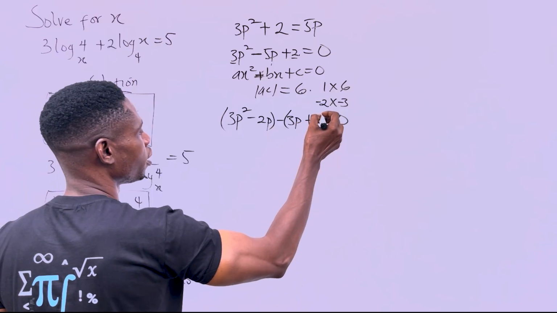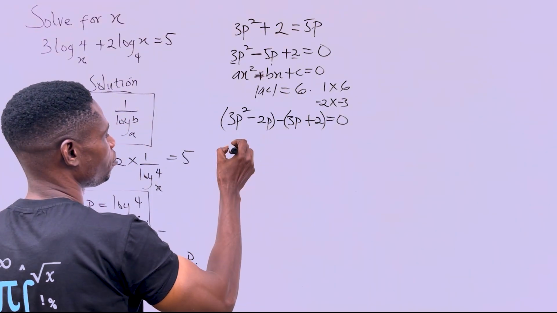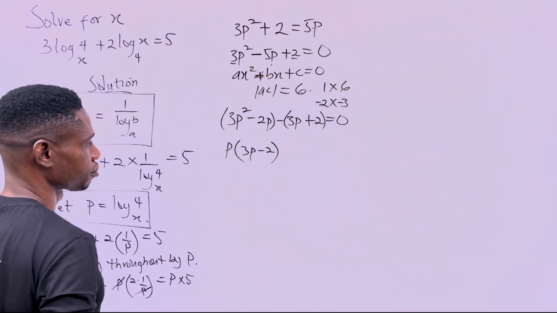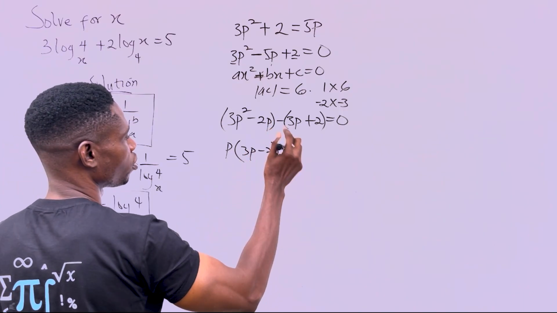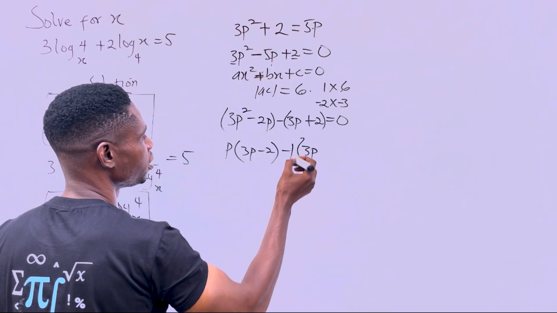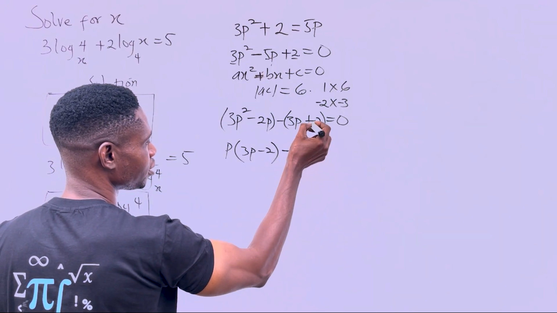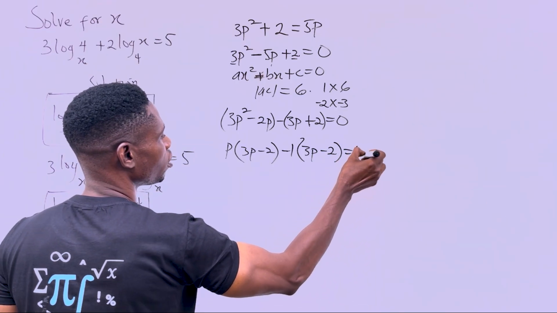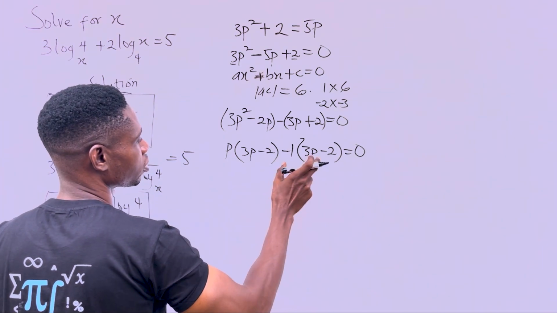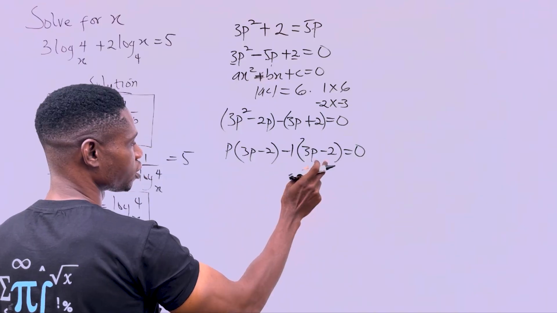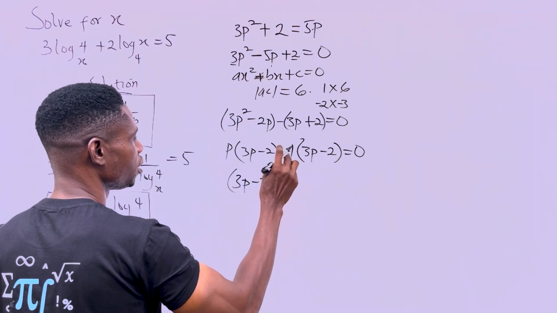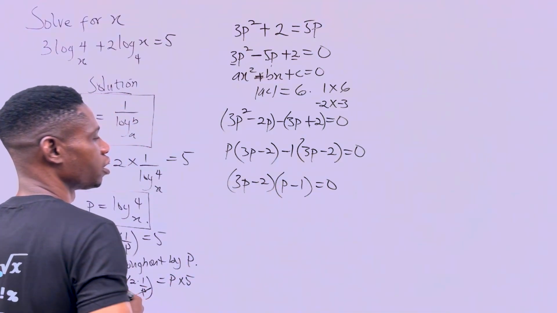So we can group quickly. p is common here, so we'll have 3p minus 2. What's common here? Only 1 is common, and I'll have 3p. This negative now affects this to give us negative 2 equal to 0. So we're using the factorization method. Now we have 3p minus 2 common to both, so let's factorize. 3p minus 2, what's left is p minus 1 equal to 0.